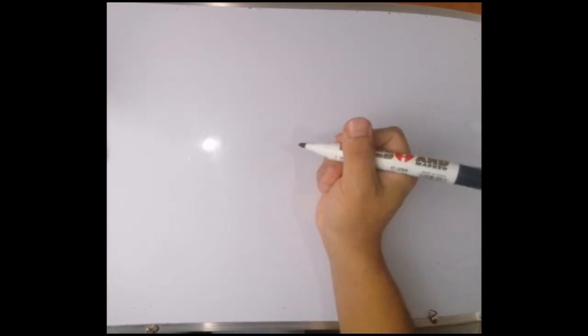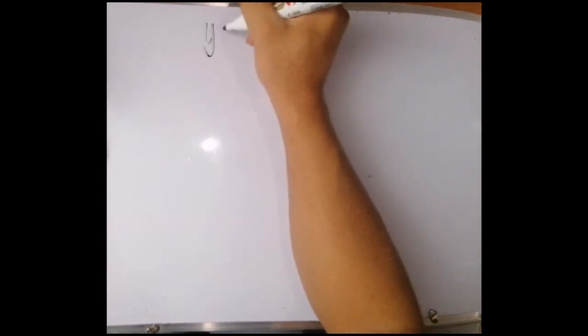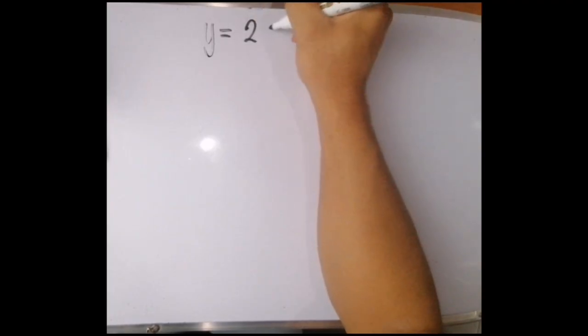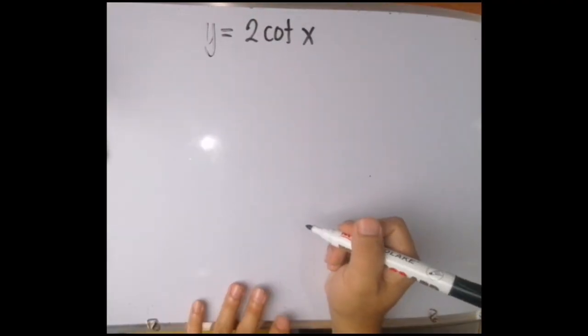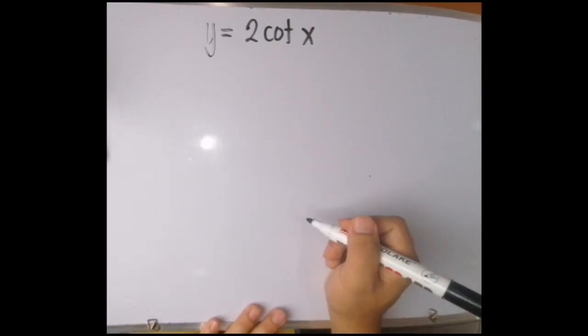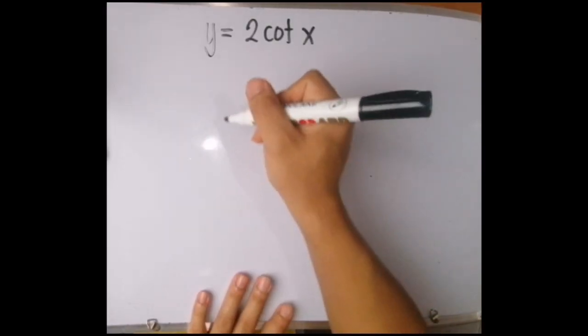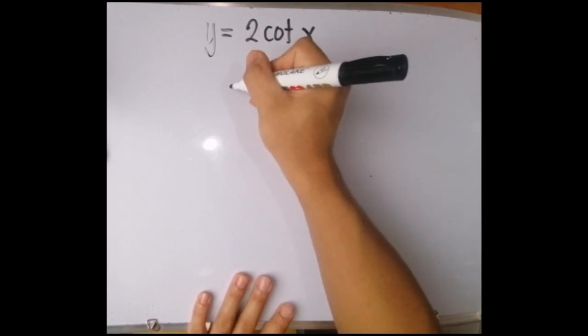Let's move on to cotangent. For example, we wish to graph y equals 2 cotangent x. We know that positive tangent is an increasing function, so it goes like this.